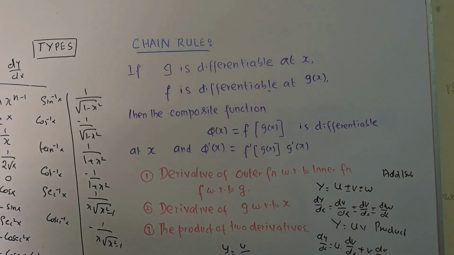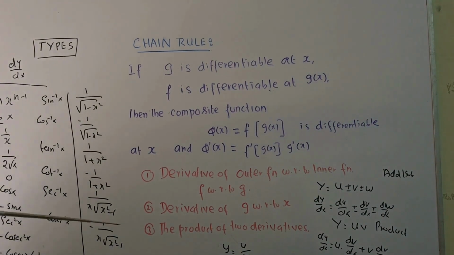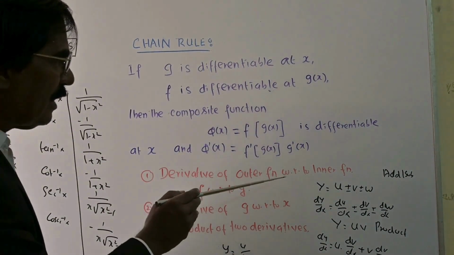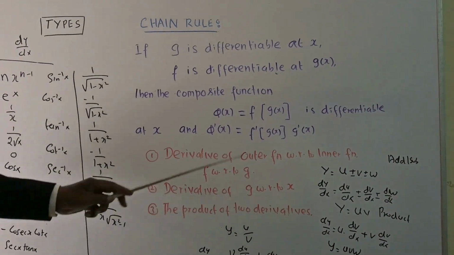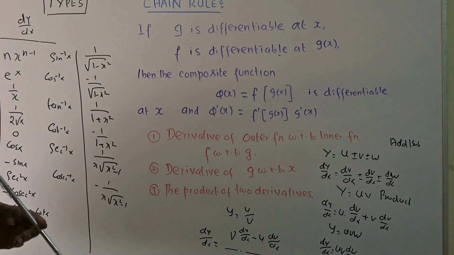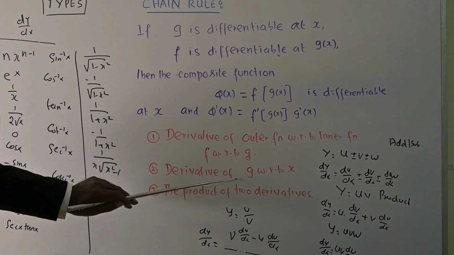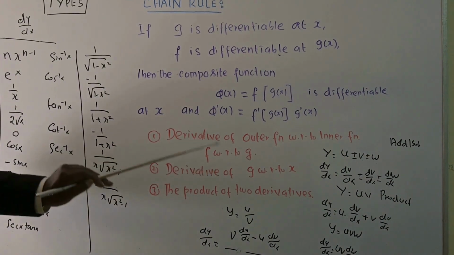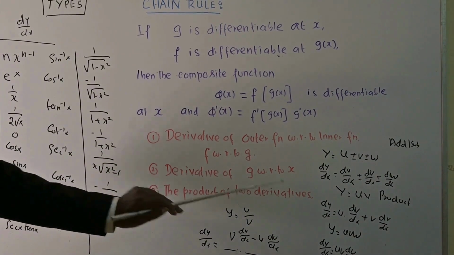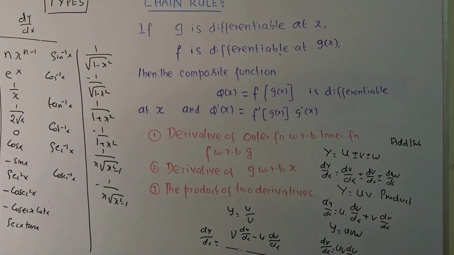What are the steps? That is the algorithm to be followed. To begin with, the derivative of the outer function with respect to the inner function, then the derivative of g with respect to x, that is f with respect to g, then g with respect to x, the product of these two. This method we have to follow.